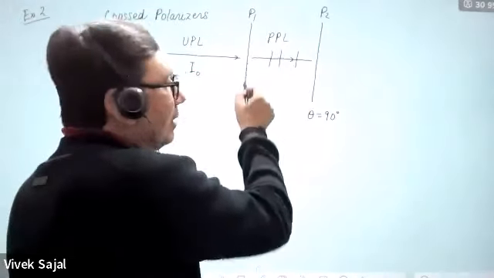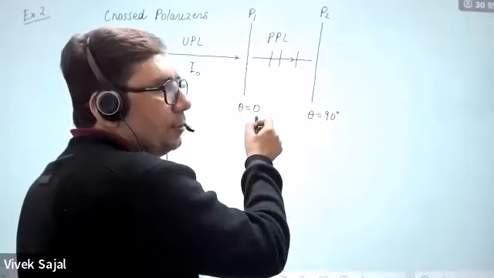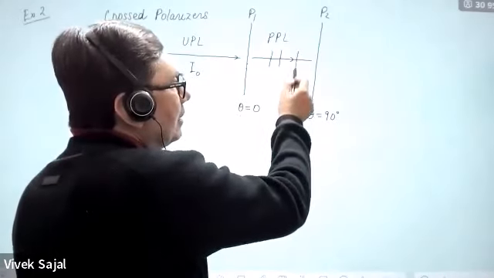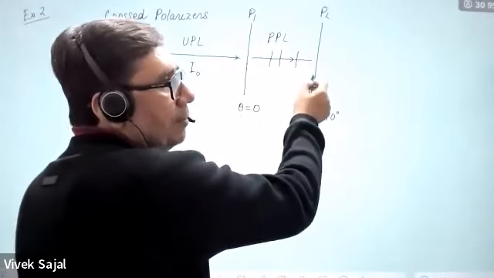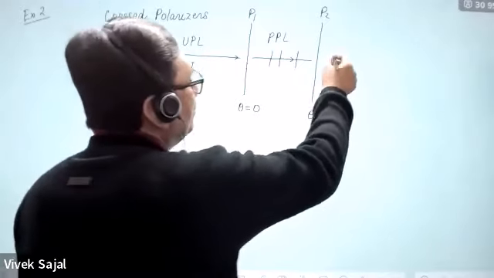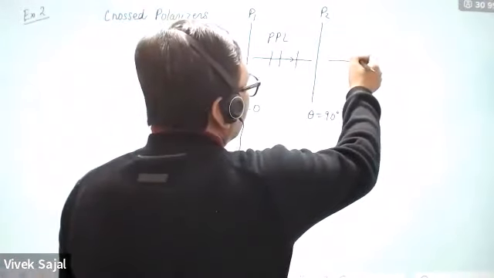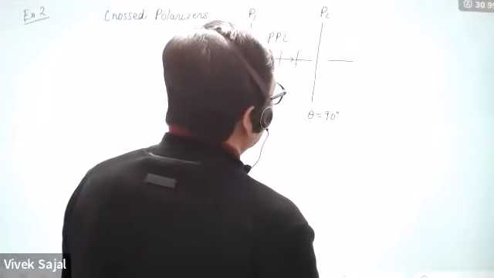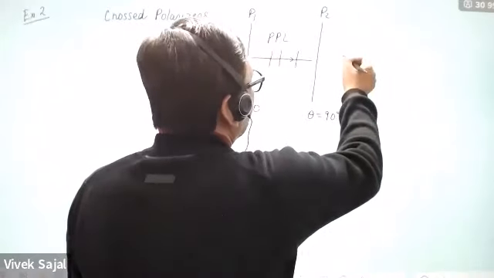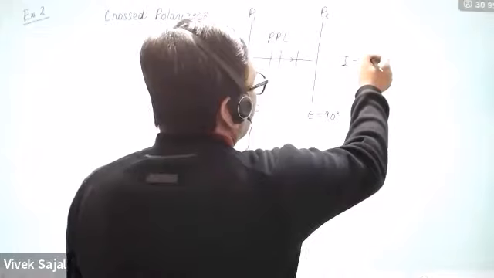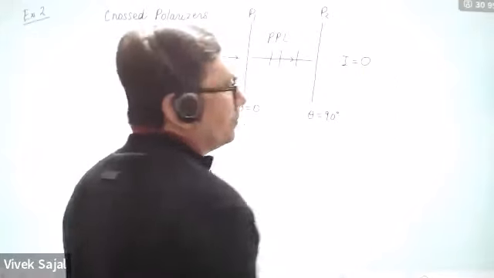The electric vector will be parallel to this angle 0. So what will be the angle between this electric vector and the pass axis of this? That will be 90 degrees. So cos 90 will be 0. So what you are going to have on this side? You will not have any light.